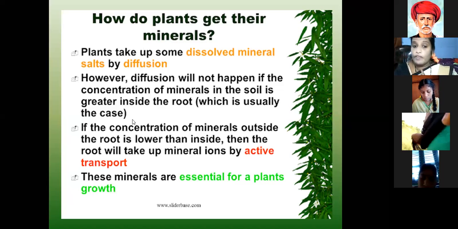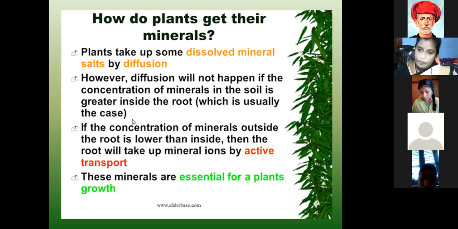Okay. However, diffusion means spreading, transport. However, diffusion will not happen if the concentration of minerals in the soil is lower than inside the root. The soil has minerals and water. The roots absorb and transport them to the remaining parts of the plant.